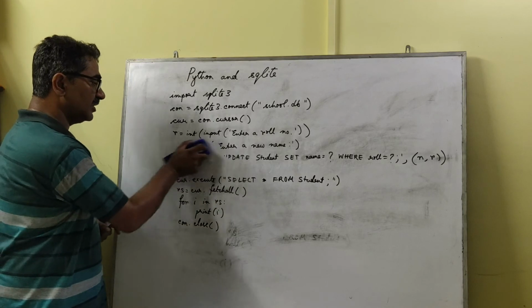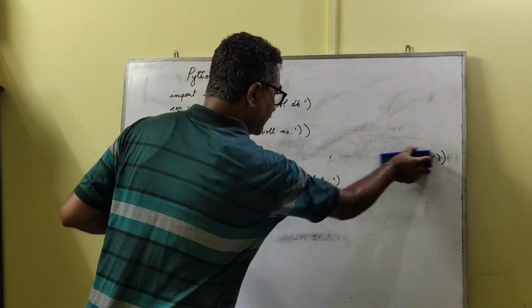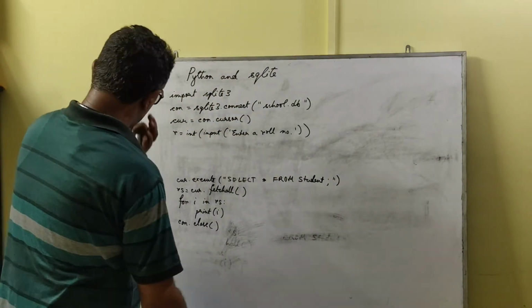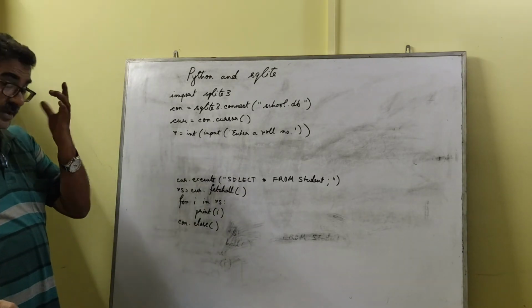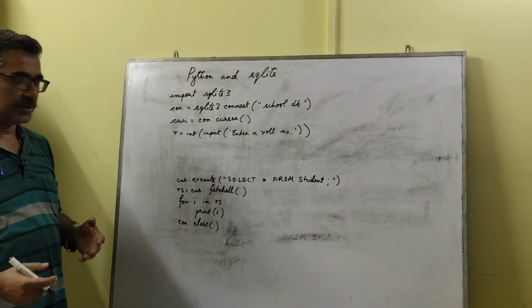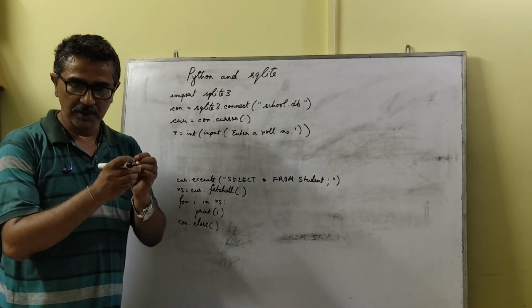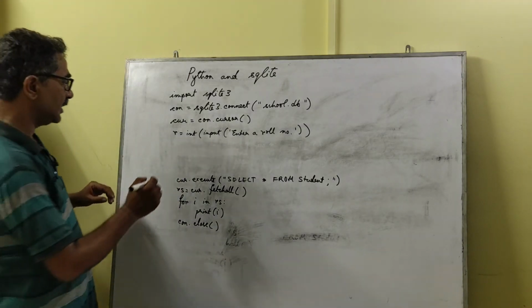So this time we do not require to accept the name at all. We accept a roll number, and after accepting the roll number, we are going to execute an SQL command. Remember the delete command of the SQL, which is used to remove a particular record from a particular table.